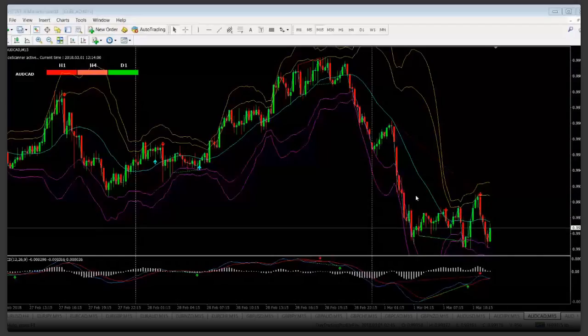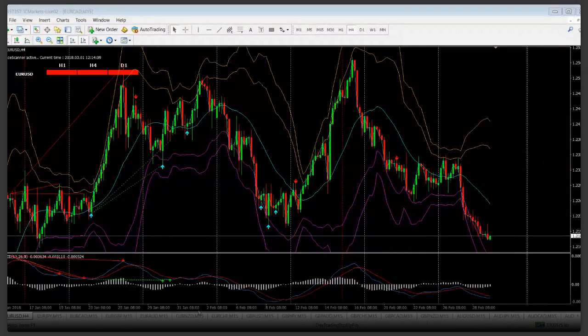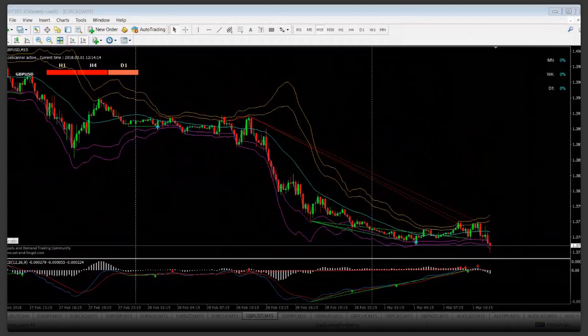So around 28 pips so far today. Just waiting for more signals to come in.